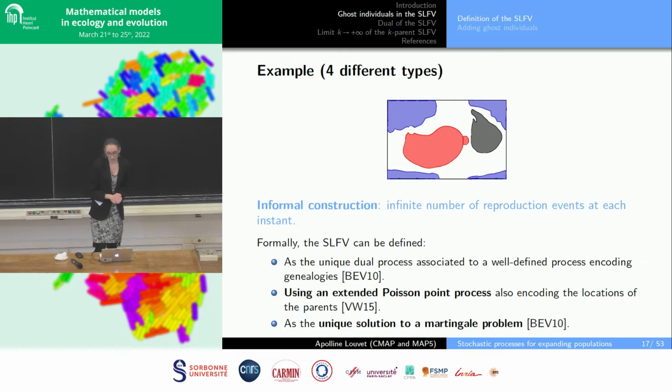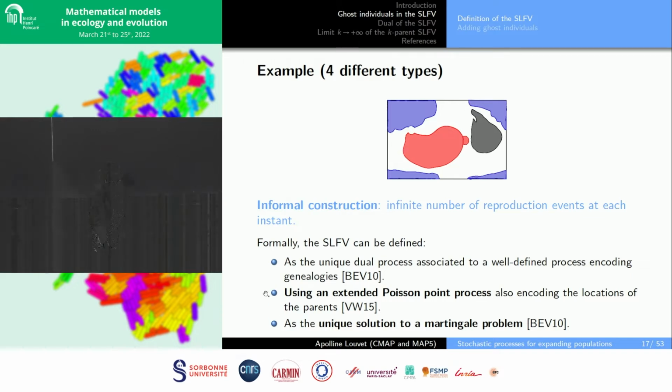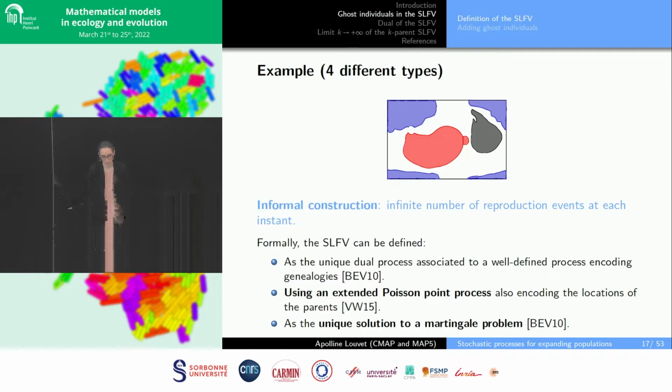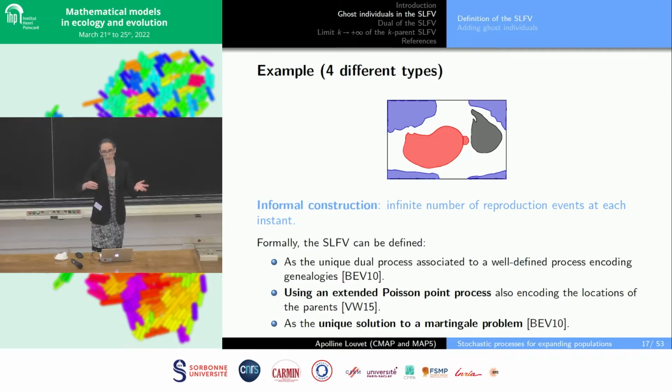You can also define your process as the unique solution to a martingale problem, which is often the approach which is the easiest to use to prove results on the process afterwards. And you have an alternative approach introduced in a paper by Véber and Kolbinger, which is close to the informal construction with a Poisson point process, but you extend it to also sample the parents at the same time.